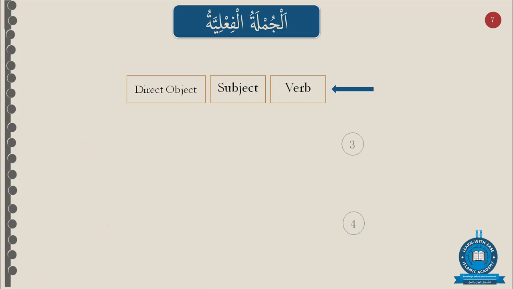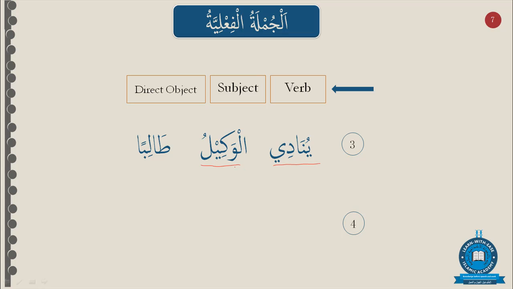Let's see other examples here. The third example, ينادي الوكيل طالبا. Let's say together. ينادي الوكيل طالبا is very nice. So ينادي means he calls. So the question is, who is calling? The answer is the principal.